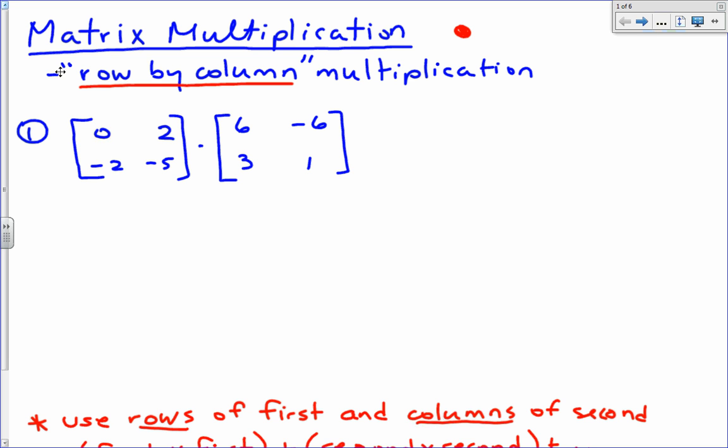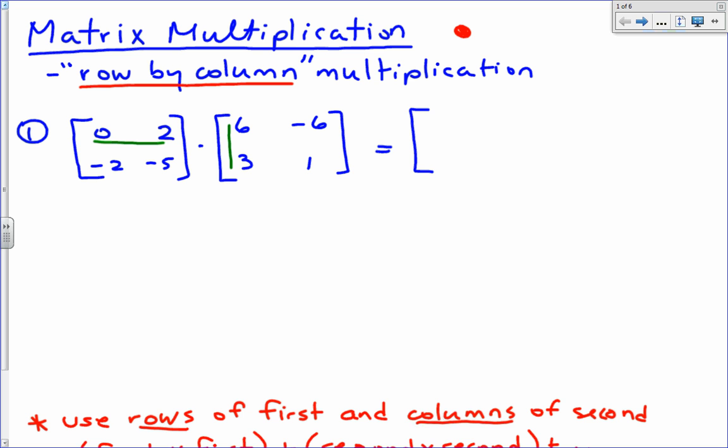So I'm multiplying these two matrices that are both 2 by 2. I'm going to multiply them together, and I'm just going to talk you through the steps that I'm taking in order to do that. So the first thing I'm going to do is use row 1 and column 1, and I take the first element of each and I multiply them, so that's 0 times 6.